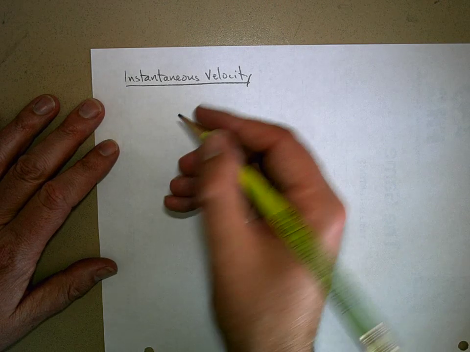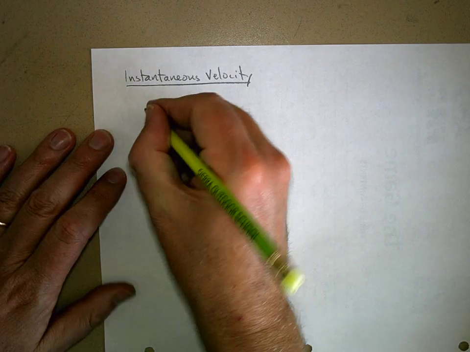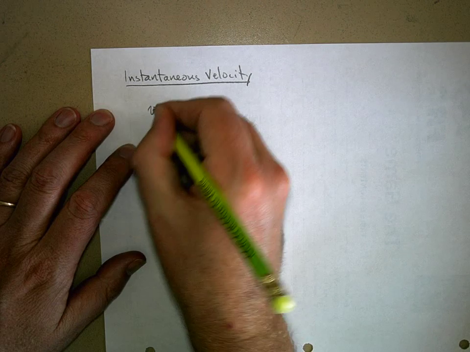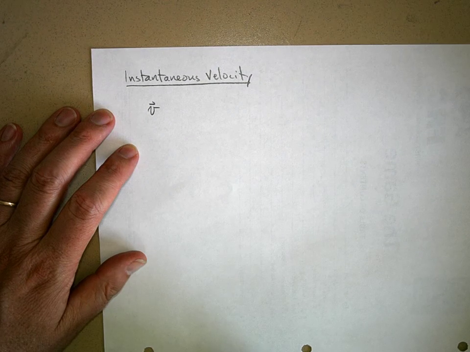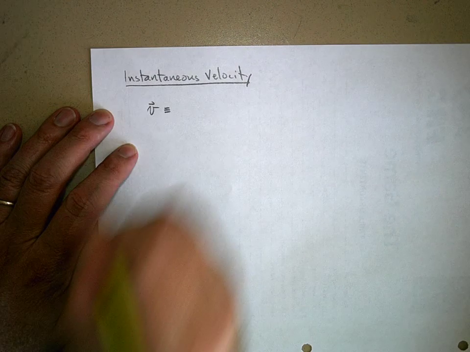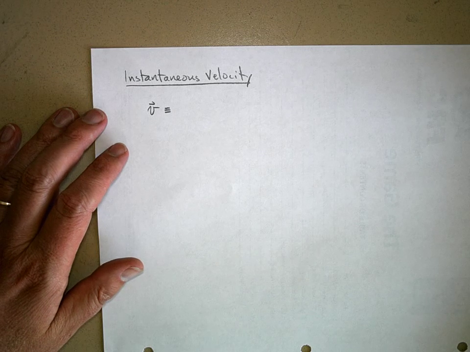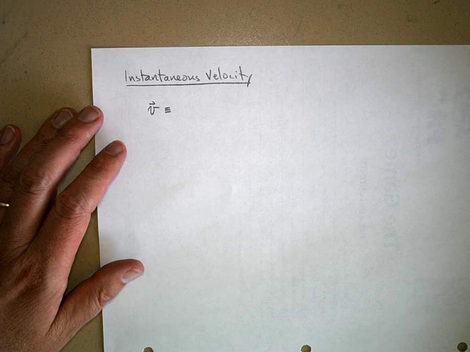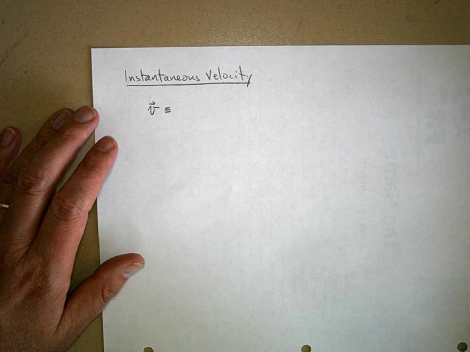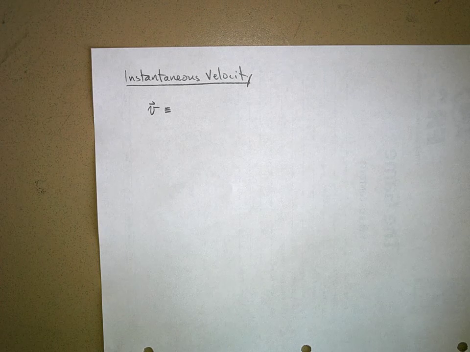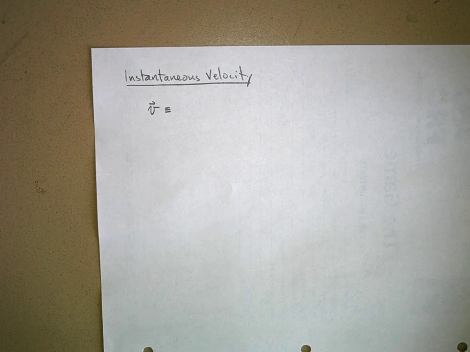So instantaneous velocity is how fast you're going at an instant in time. It is a vector, and it has a definition. Since all of you have had at least a little bit of differential calculus, we're just going to go right to that definition. We will reinforce it later on.